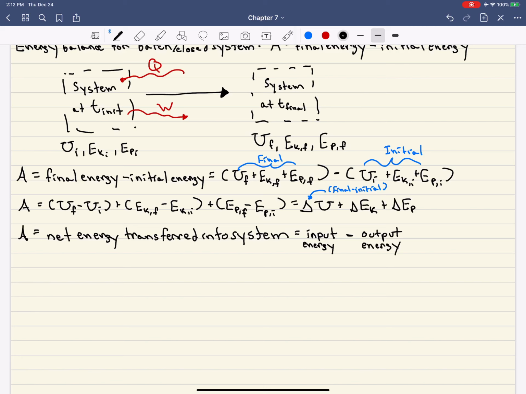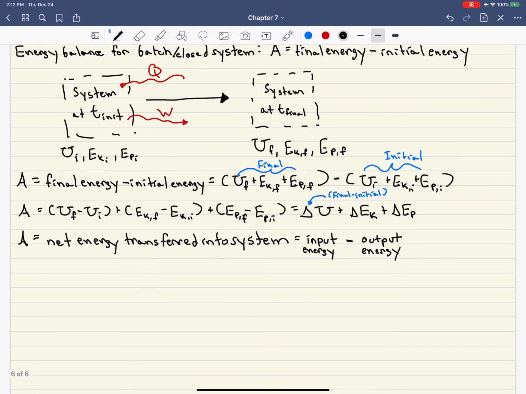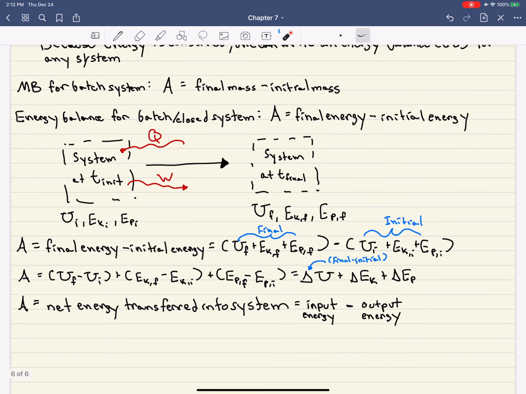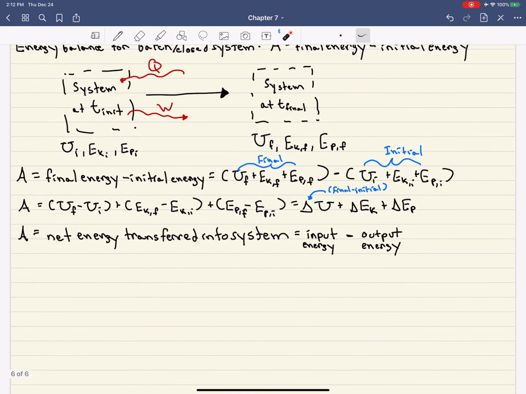All right? And so if we go back to our little diagram here, really the energy transfer that's going on into the system is basically going to involve Q, and it's going to involve W. All right?